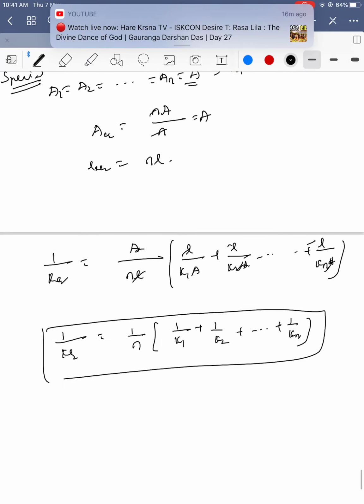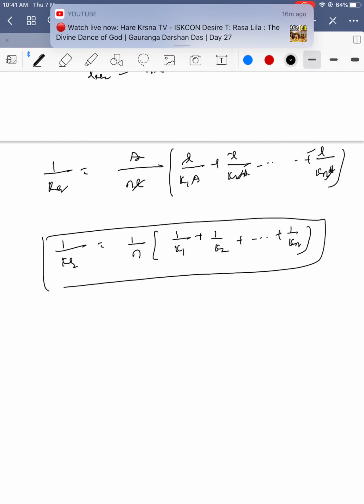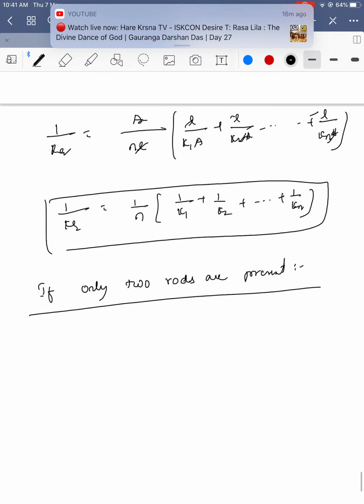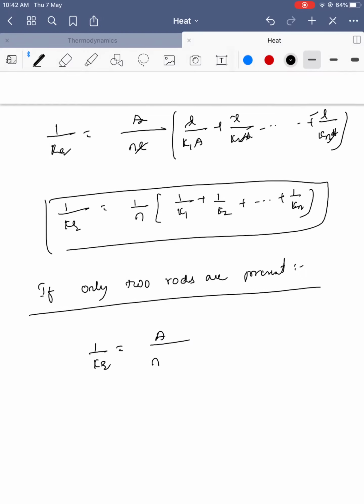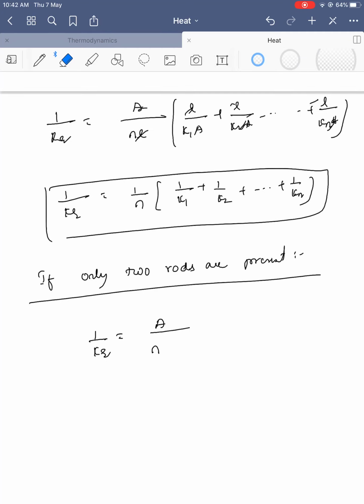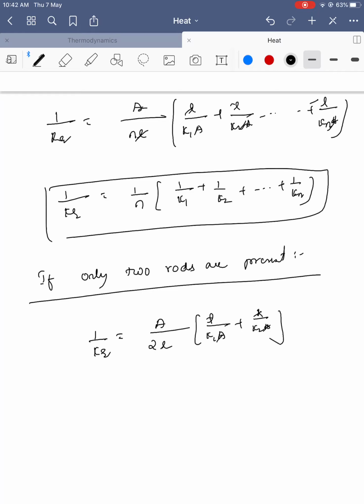So in this case, if only two rods are present, then what will be the K equivalent? 1 by K equivalent is equal to A by N into, N is nothing but 2 here, because the number of rods is 2, L by K1 into A plus L by K2 into A. L gets cancelled.